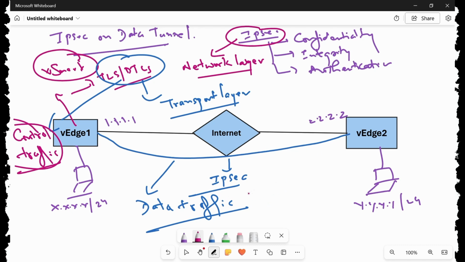The data traffic basically means an IP header having a source IP address and a destination IP address.